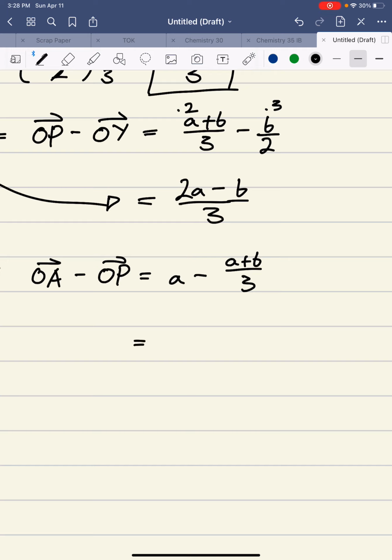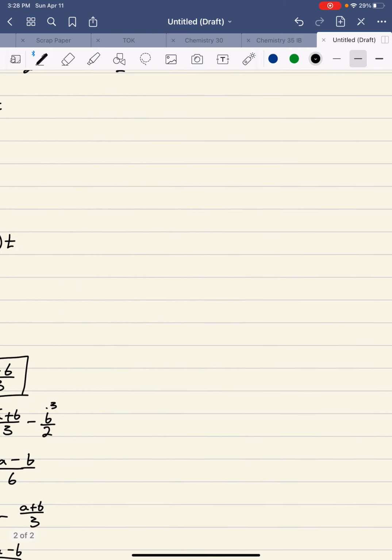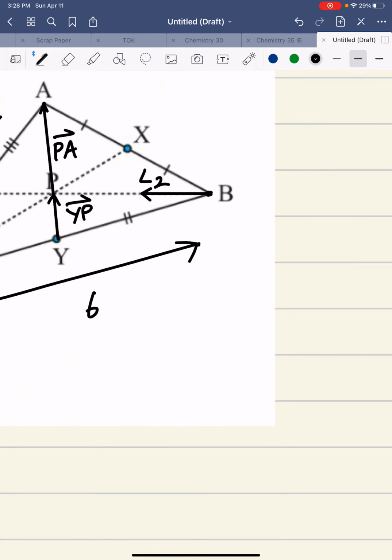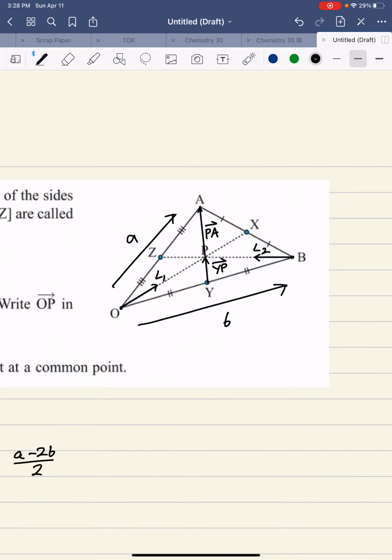And that just gives us (2a minus b) over 3. Also, sorry about this, the denominator for YP should be a 6. So one interesting property of both of these is that we just proved that YP is half the length of PA. And it visibly looks like this, right? So, yeah.